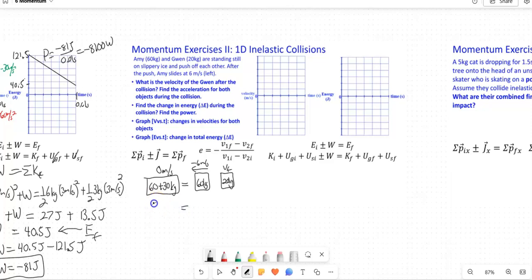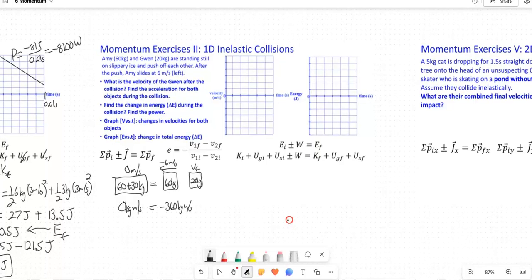So this is going to be 0 kilogram meters per second, and this is going to be negative 360 kilogram meters per second. I'm going to center the screen, and this is going to be plus 20 kilograms times V final. So add this onto the other side, so you got 360 kilogram meters per second equals 20 kilograms times V final.